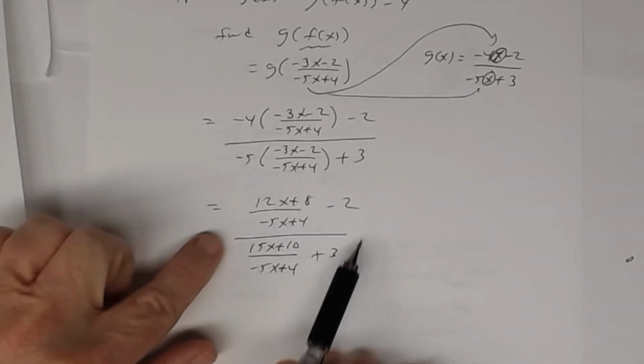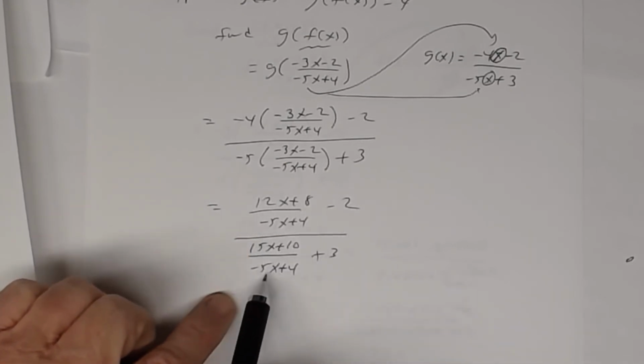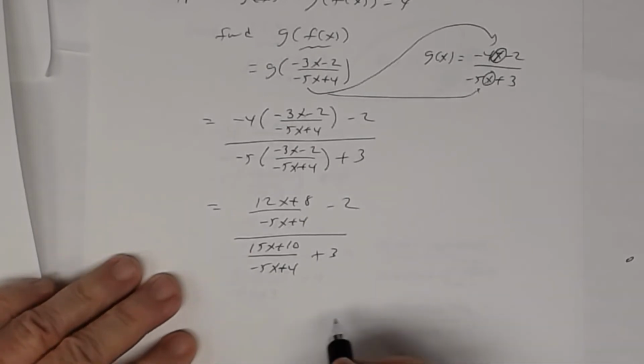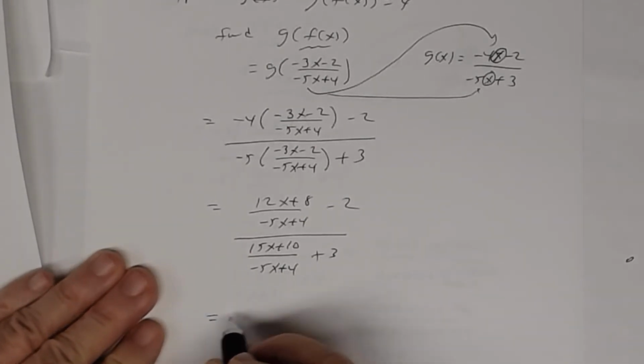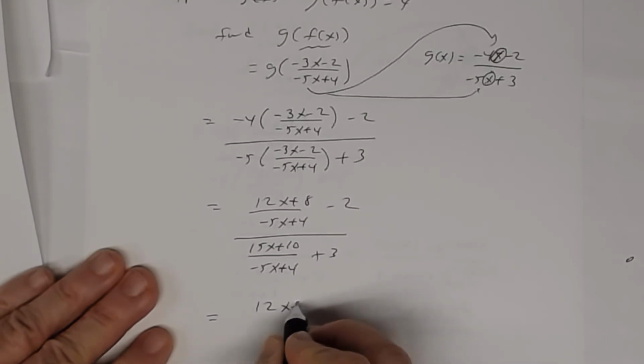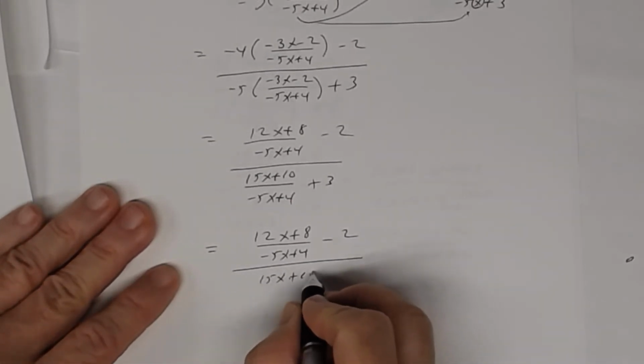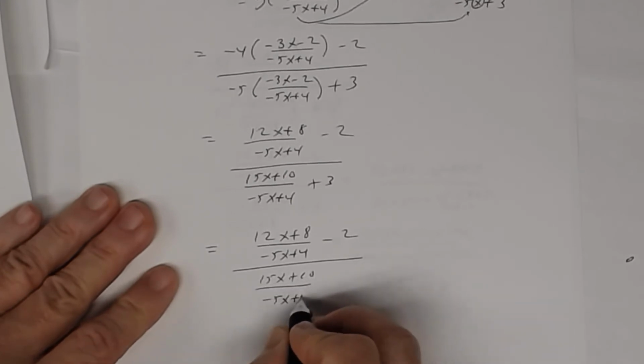Okay, now this is where you're going to look at this as a complex fraction. So my LCD is negative 5x plus 4. So what you're going to do now, I'm going to go ahead and rewrite this over just so you can see this. 12x plus 8 divided by negative 5x plus 4 minus 2, and then 15x plus 10 divided by negative 5x plus 4 plus 3.